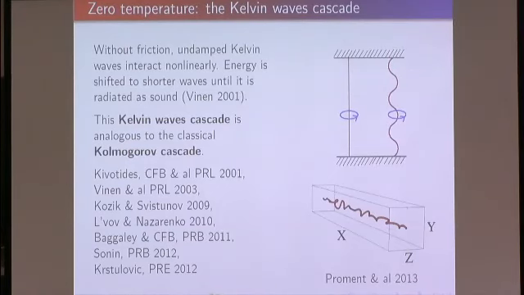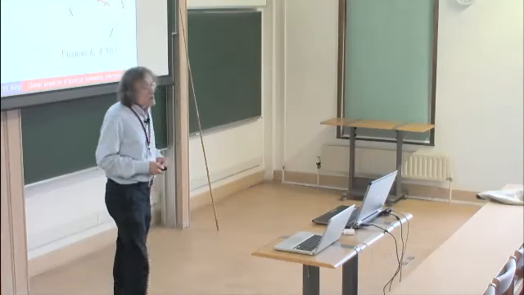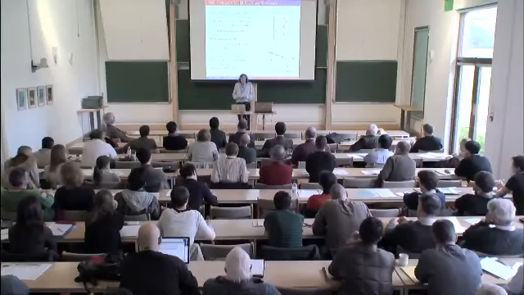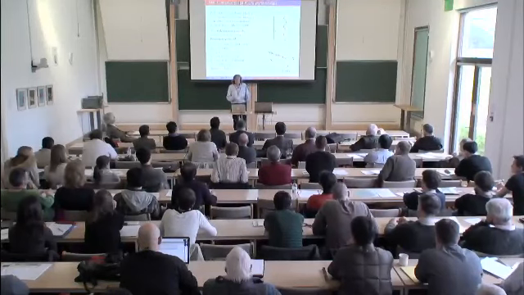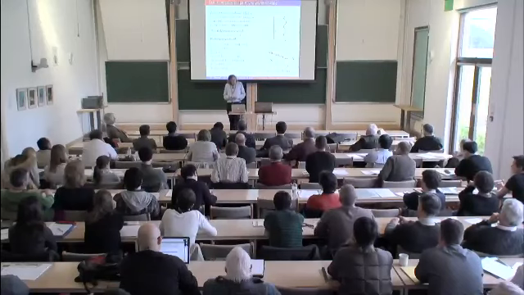Various papers have been written on the subject. The hot problem is what is the spectrum of these Kelvin waves. Some theories have been proposed. It seems that there are various regimes in these Kelvin wave cascades, strong regimes and weak regimes.